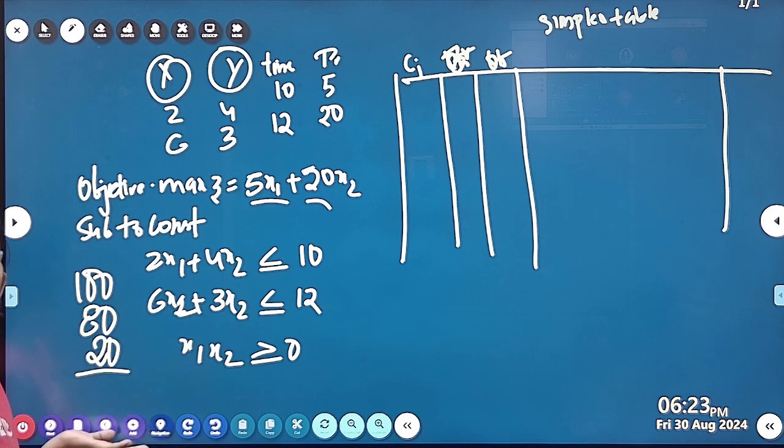It will not affect our paper because we attempted only 80 marks. We have hope on that only 80. So this 20 is the slack variable.